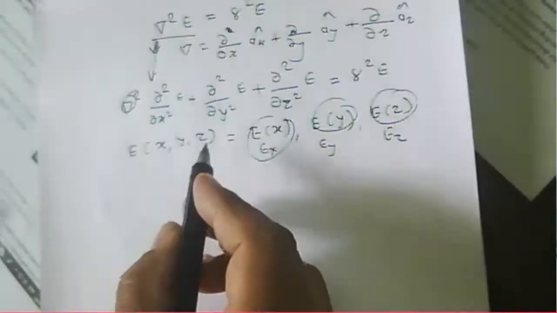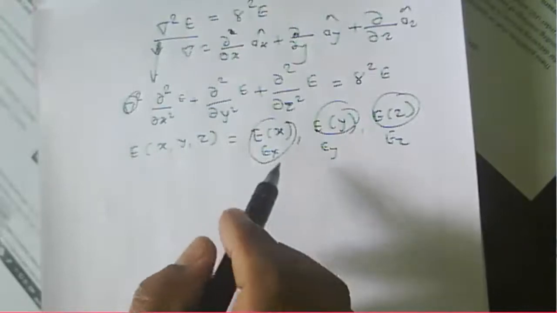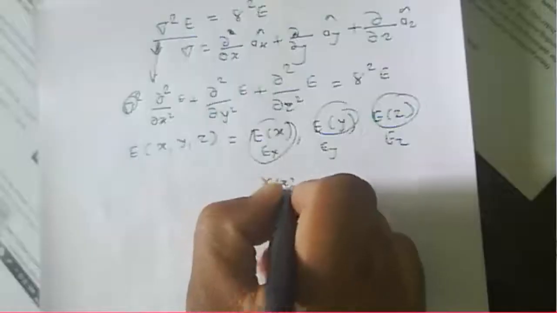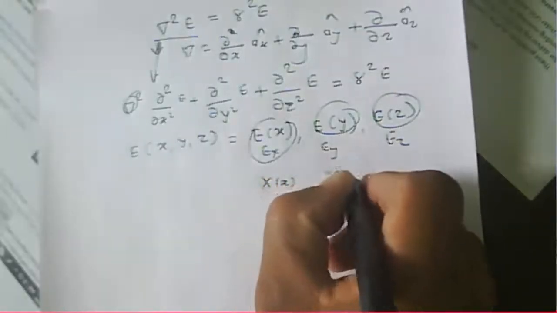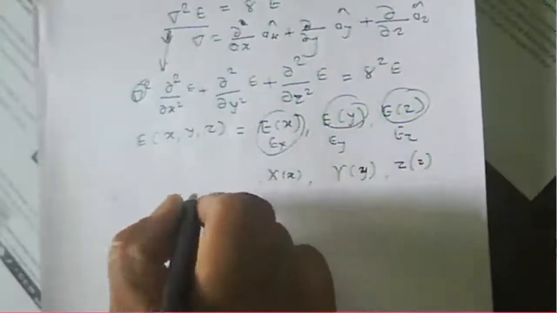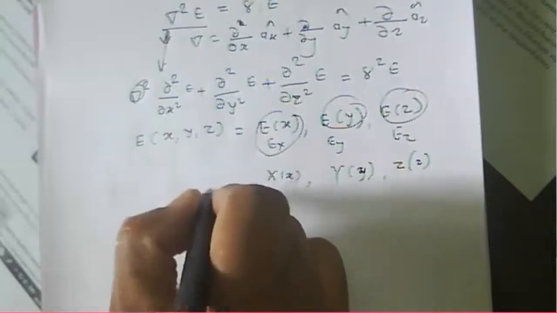So when we solve for this particular field component, there is a variation of the electric field component in terms of x, y, z. For simplification, we consider Ex as X of x, Y of y, Z of z. Instead of E, we consider one constant factor, psi, as a function of x, y and z.